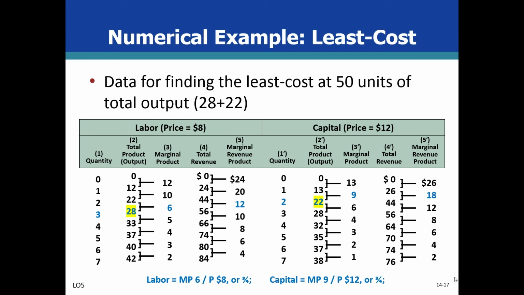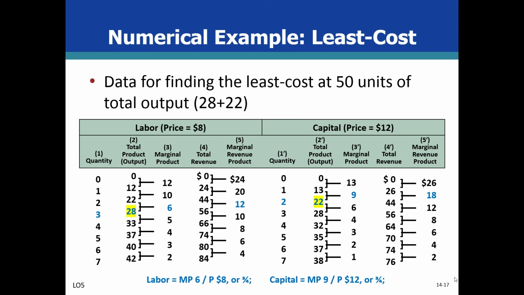What we want to find is the least cost of producing 50 units of total output, given that the labor price is 8 and the capital price is 12 per unit. The marginal products and marginal revenue products for each resource input are shown.